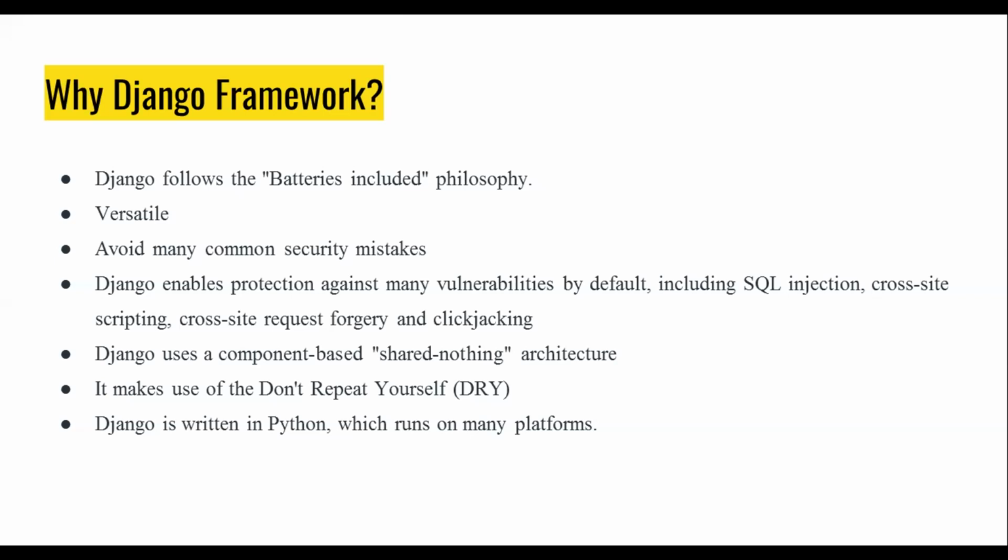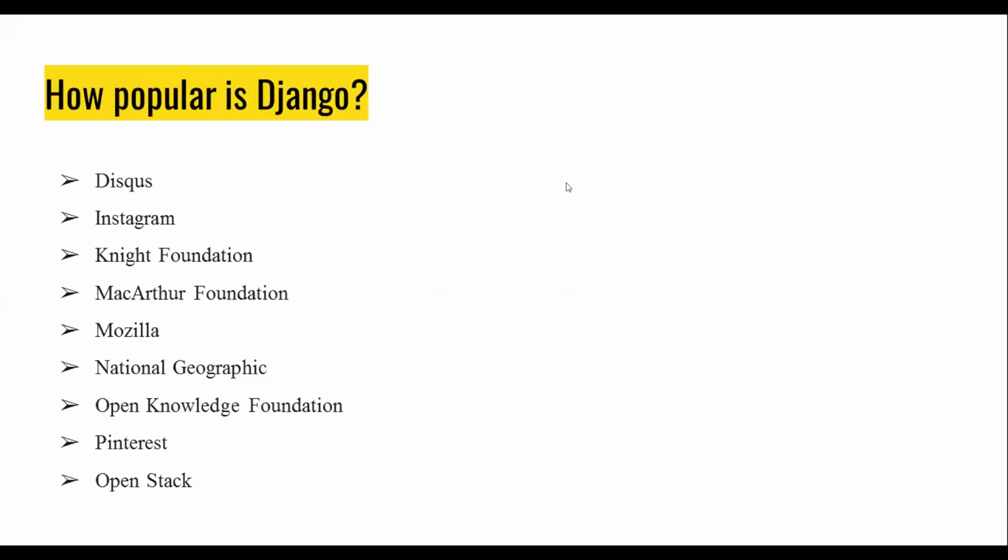It is portable, meaning applications can run on Windows, Linux, and Mac. On different platforms, we can run this Django framework. How popular is Django? Yes, Django is a popular framework.